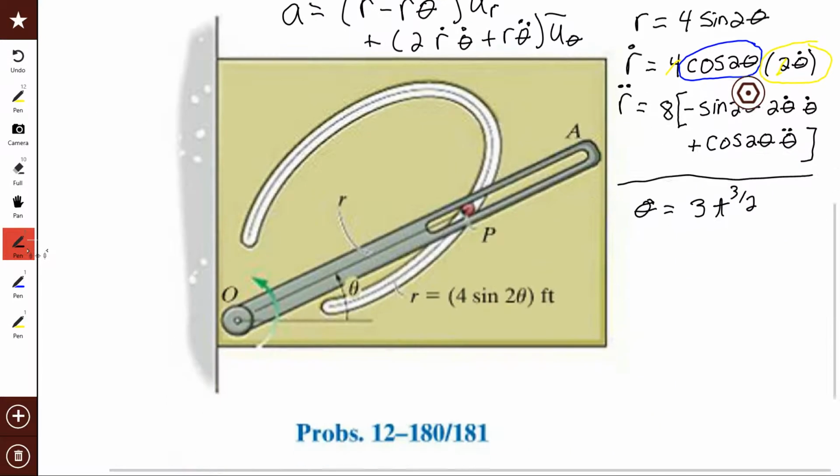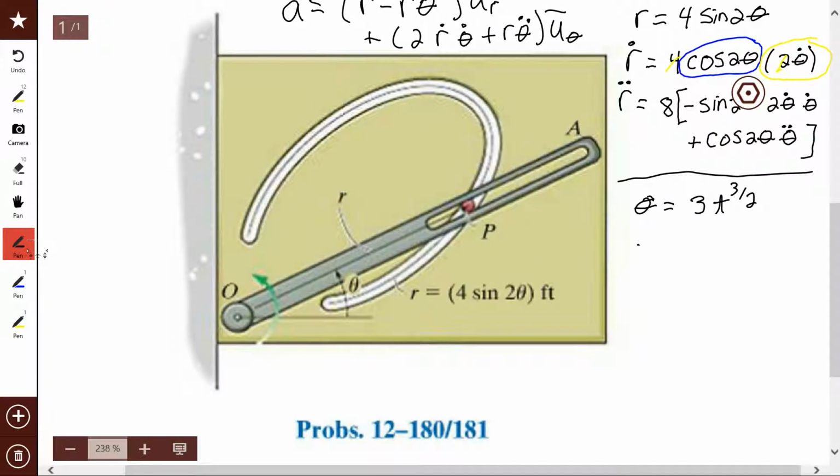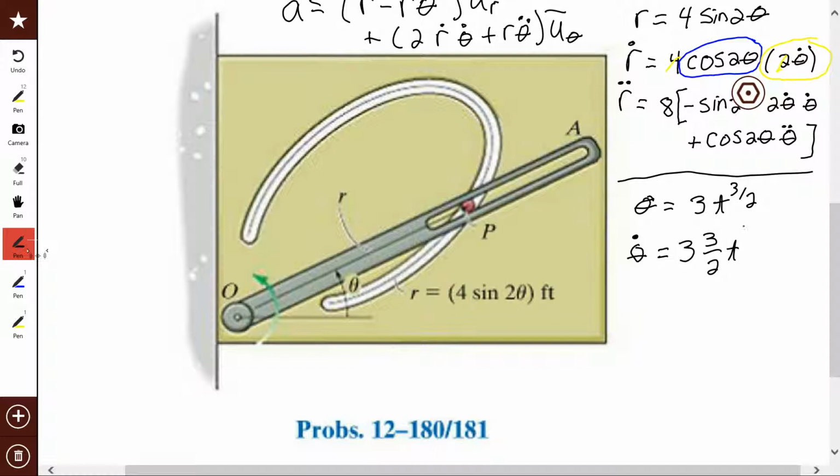And so now we take a derivative. I do not need a chain rule in this case because theta is given as a function of time. So it'll be 3, and then bring the power down, times t to the power minus 1. So that would be 3/2 minus 1. It's 1/2. And then we'll take a second derivative of that. Theta double dot is equal to 9 over 4.